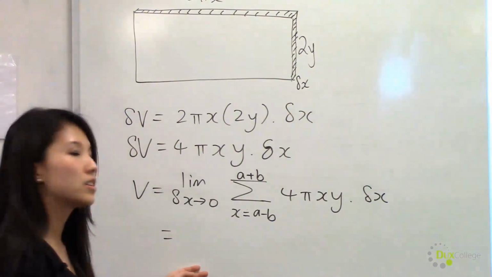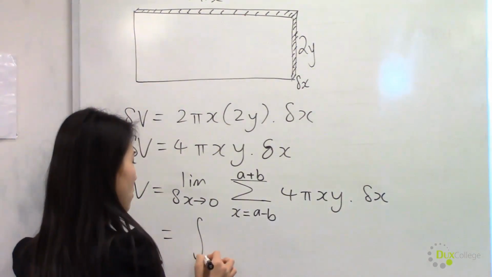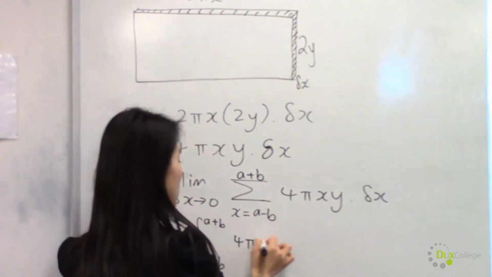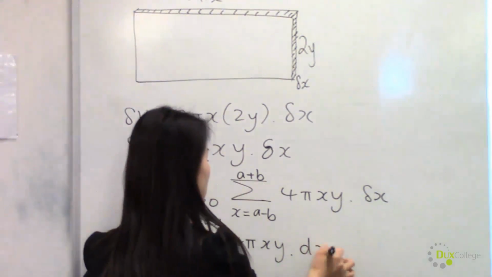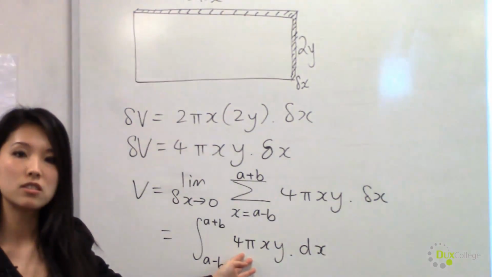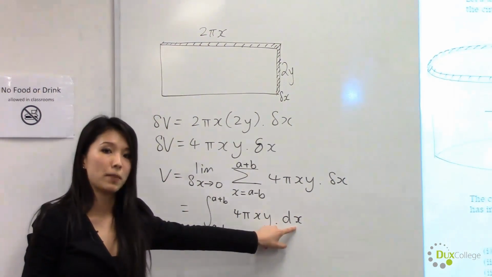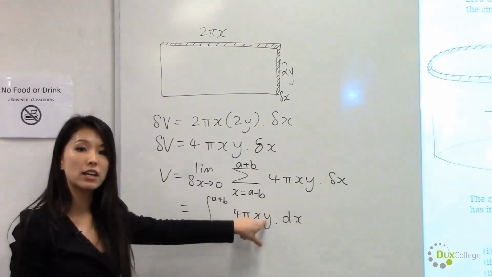Now this is equivalent to the integral from a minus b to a plus b. Now let's take out the constant 4 pi, at the same time, since we're integrating with respect to x, changing the y in terms of x.